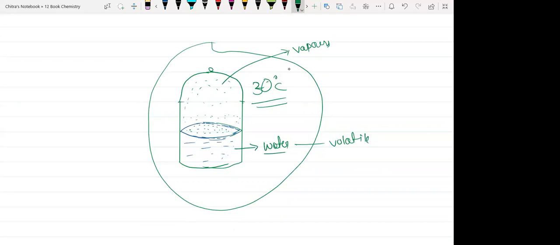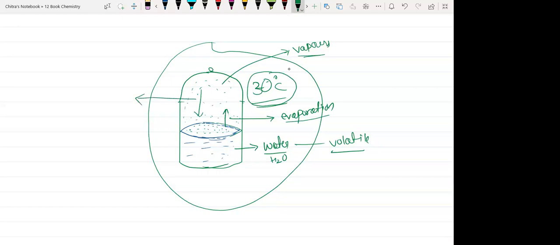So I'm considering the vapor pressure of that particular container. Here we have water, and we know water is volatile in nature. Due to being volatile, the liquid water is going to evaporate here, right? So I'm writing the process called evaporation. After some time, when the temperature is constant, the same time these vapors are going to condense into liquid form also.